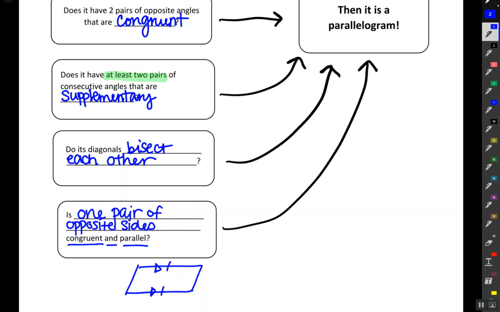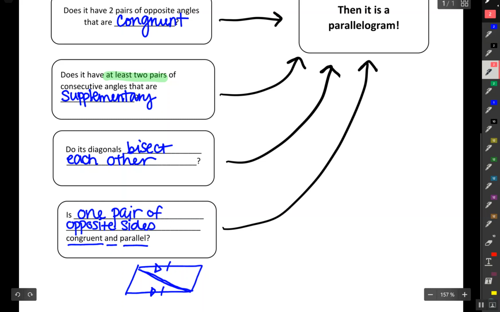Okay, and this one's actually pretty easy to prove. If you draw one of the diagonals, with this information you can prove that the triangles are congruent. Okay, the parallel stuff would give you that alternate interior angles are congruent. So you have an angle. We already had a side, and then we have the reflexive side.